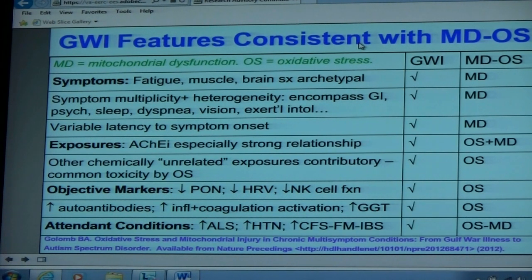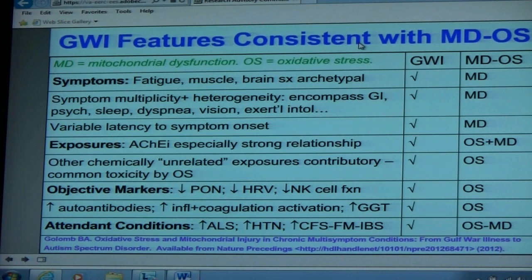Additionally, the objective marker findings are compatible with this, with replicated documentation in Gulf War illness of reduced paraoxonase, reduced heart rate variability and other autonomic findings, reduced natural killer cell function, increases in autoantibodies, increases in inflammation and coagulation activation, which, by the way, arise from apoptosis triggered by oxidative stress, increases in gamma-glutamyl transferase, as well as a number of other findings such as white matter abnormalities, all of which have a documented link to oxidative stress.